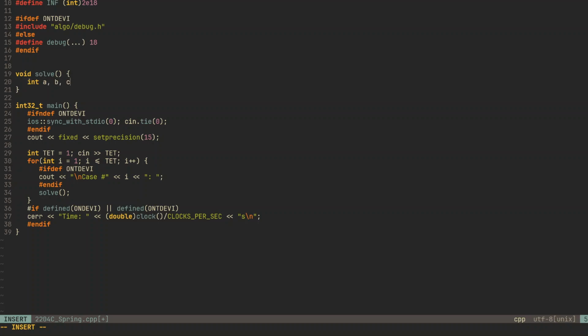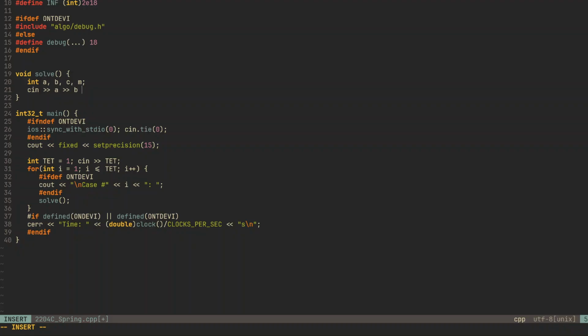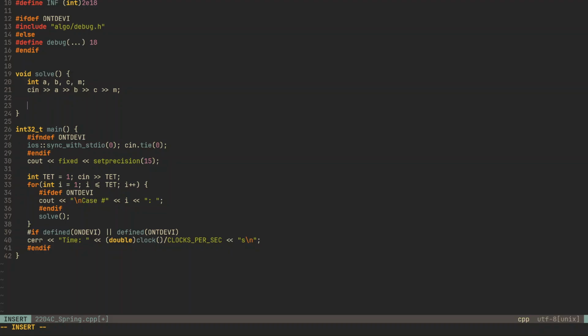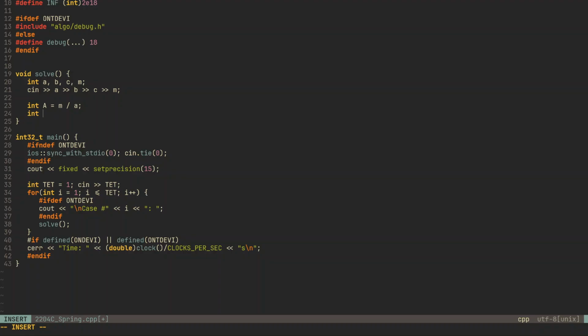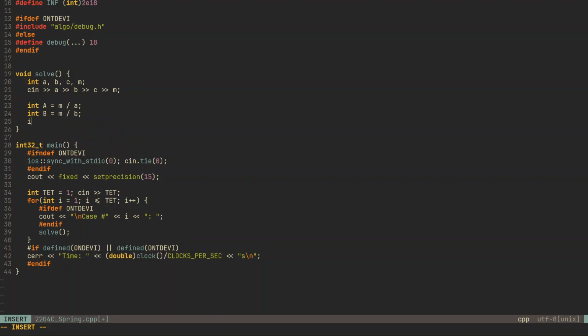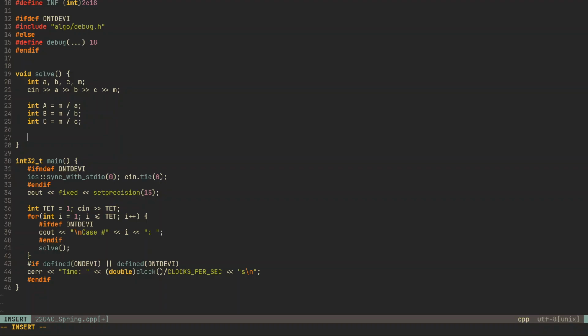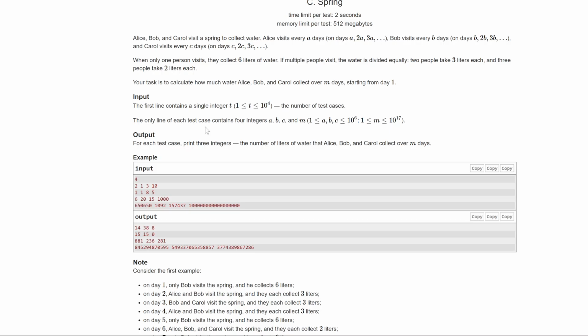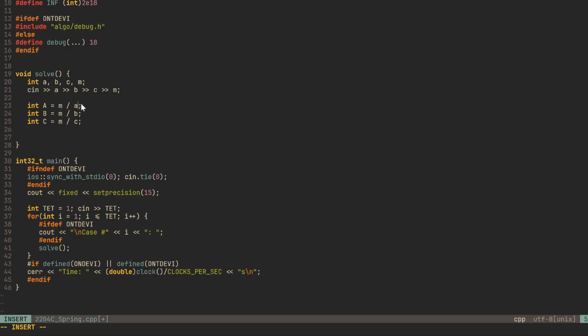We have A, B, C, and then M. Okay, this much they will have, but this will be 6 liters. Okay, I should multiply this by 6.